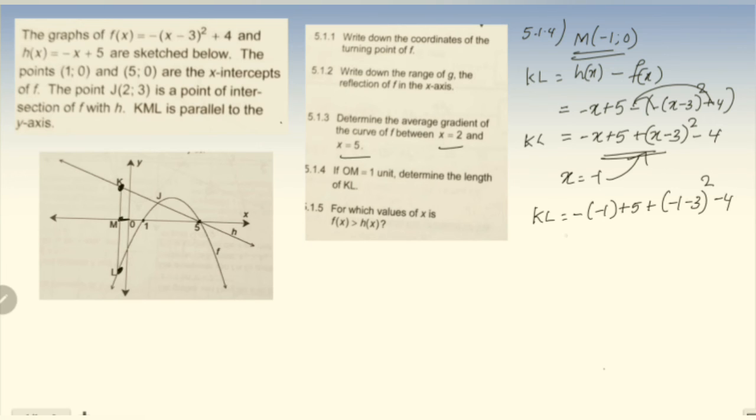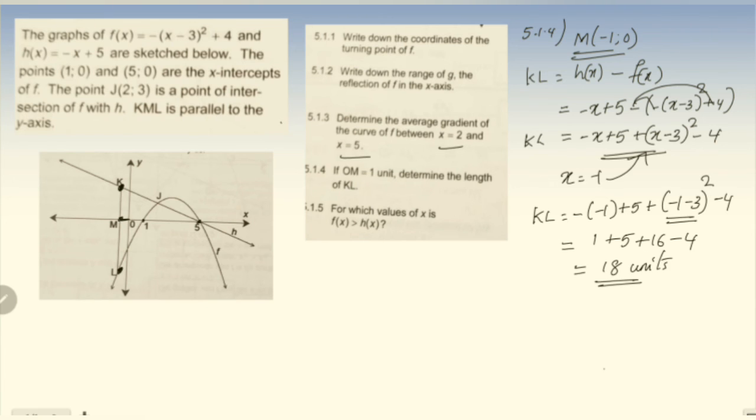When you simplify, you will straight away get the answer. So it's going to be minus 1 is plus 1, plus 5, then minus 1 minus 3 is going to be minus 4, square it, plus 16, then minus 4. So when you do this, the answer is going to be 18 units. That is going to be the answer.